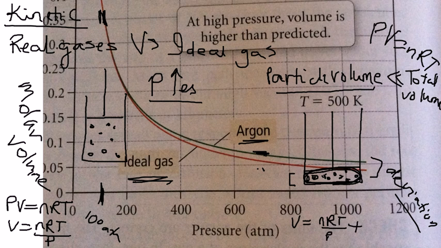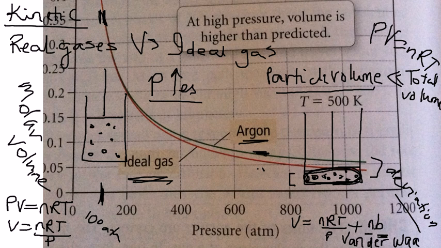To that, we will have to provide a volume correction of nB, where B is the constant for the volume correction, and n is the number of moles of the gas that are present. This correction was provided by a scientist by the name van der Waals.